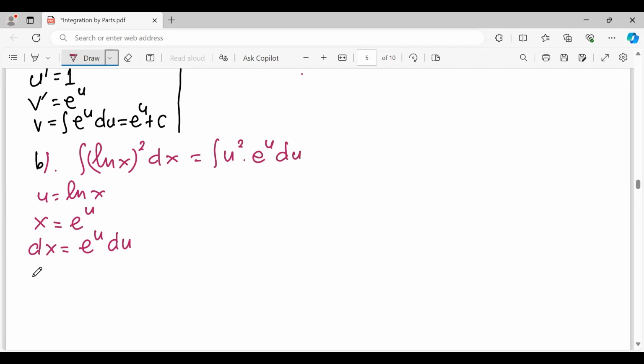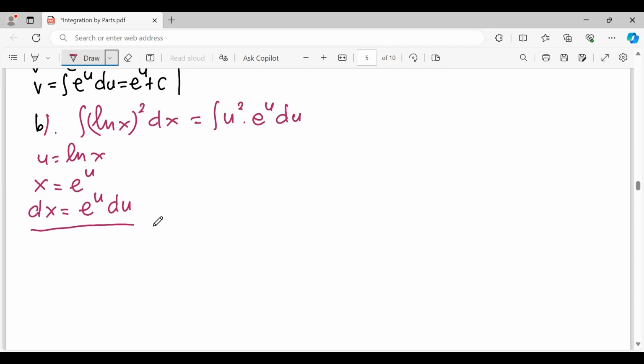Okay, we are going to find the integral by integration by parts.